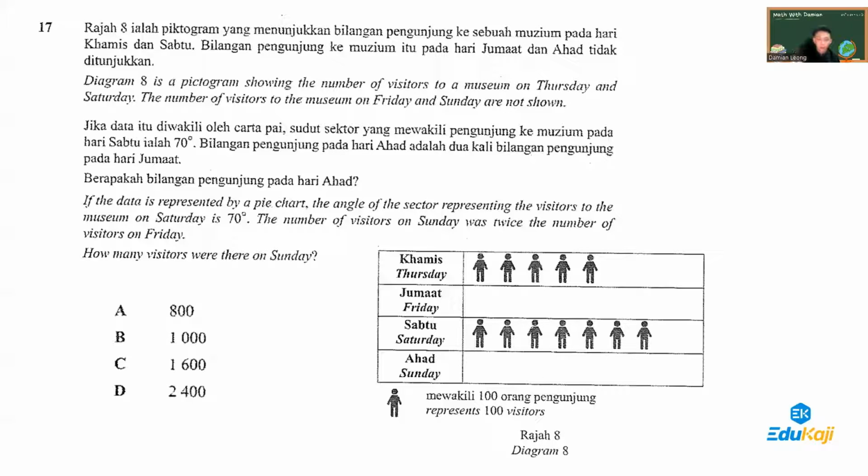Number of visitors to the museum on Friday and Saturday are not shown. If data represented by a pie chart, angle of sector representing the visitors to museum on Saturday is 70 degrees. Number of visitors on Sunday is twice the number of visitors on Friday. So how many visitors were there on Sunday?